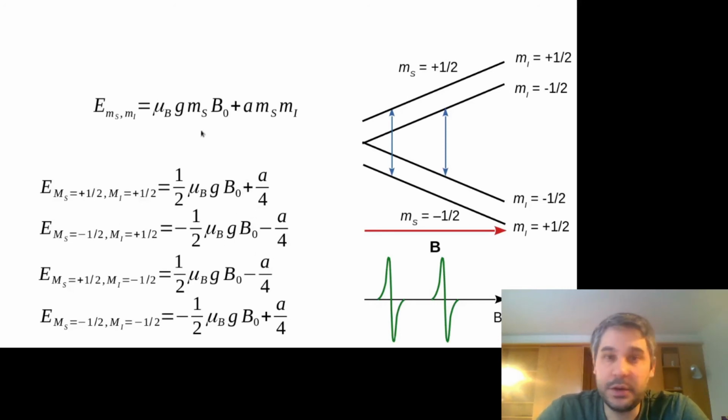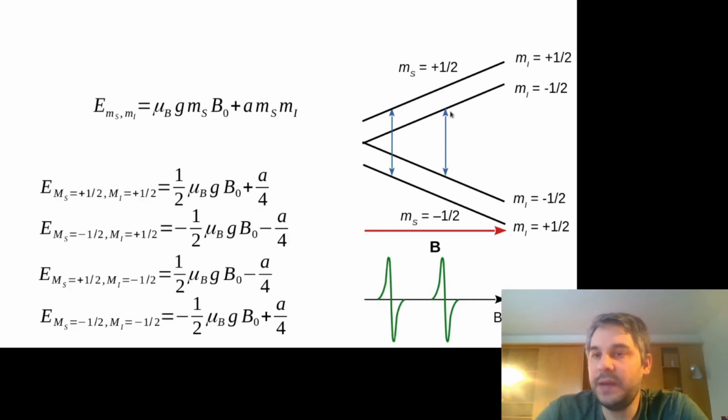So I encourage you to actually do this calculation. You have to replace in this formula all 4 possibilities, the 2 for ms and the 2 for mi, and actually calculate these energy levels. It is very easy, but it is good practice to know how to systematically calculate these things.